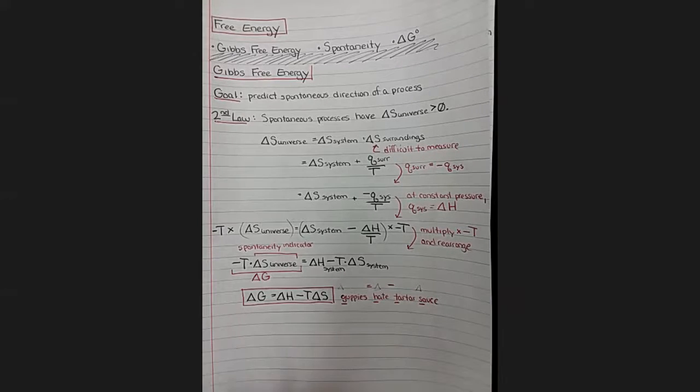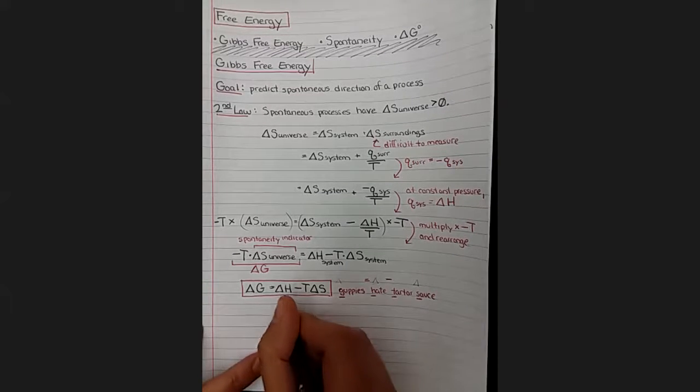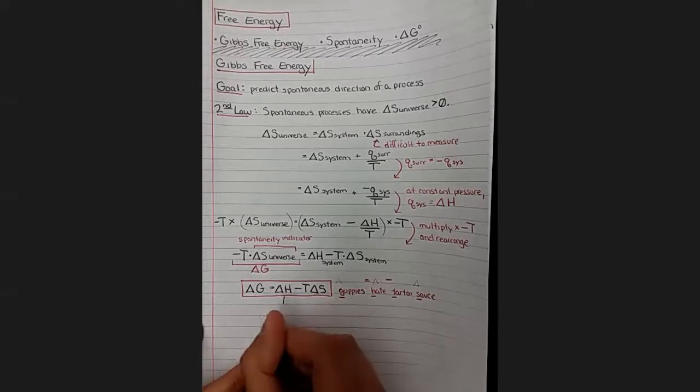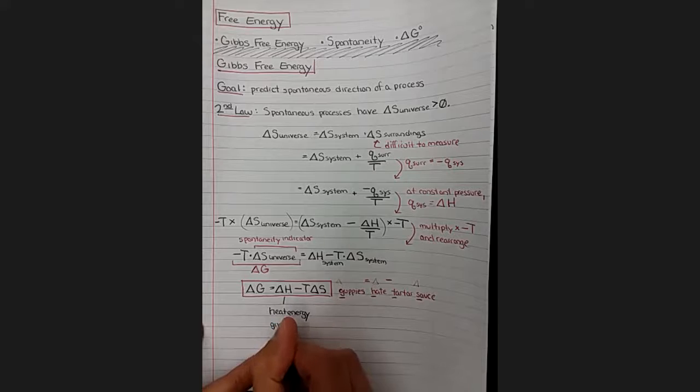Okay, and so now let's think about what this formula means in terms of words and less in terms of math. So here, delta H, we know about this. We've talked the most about that so far. So delta H is the heat energy, which could be given off or taken in, depending on the direction of the heat flow. But this is the heat energy.